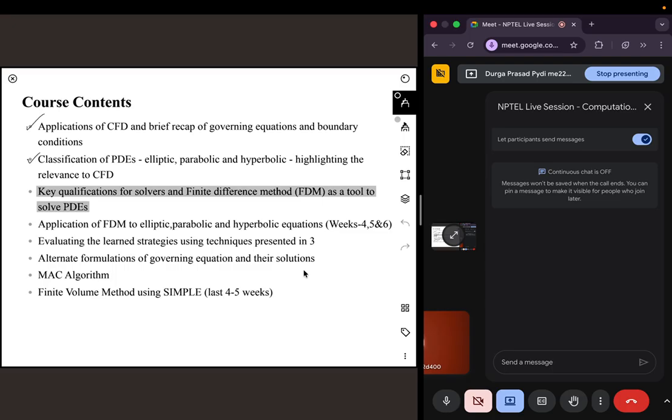Do you have access to commercial solvers or open source ones? Yeah, OpenFOAM. Okay, you have access to open source, and you can use OpenFOAM. Most solvers have solvers built into them. For example, if you go with Fluent or OpenFOAM, they do not actually use finite difference. They use something called a finite volume technique.